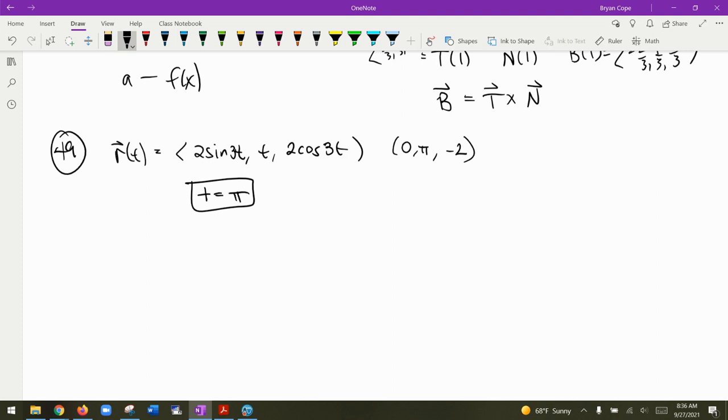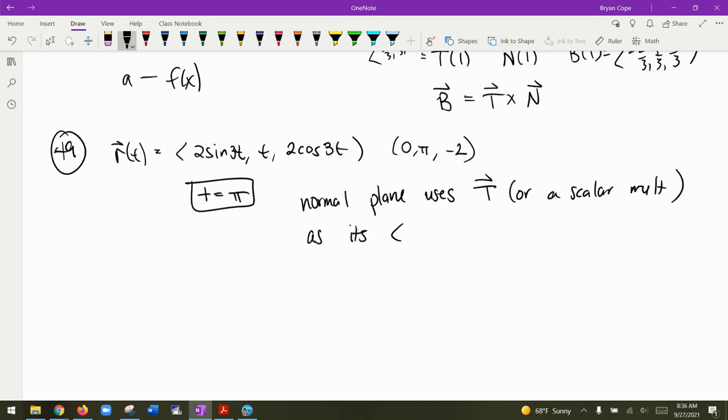So the normal plane uses big T, or a scalar multiple of it, as its normal vector. So let's find r prime at pi, and then we can just use whatever scalar multiple of it we like to create that plane.